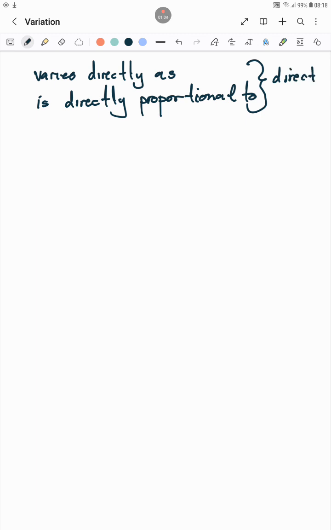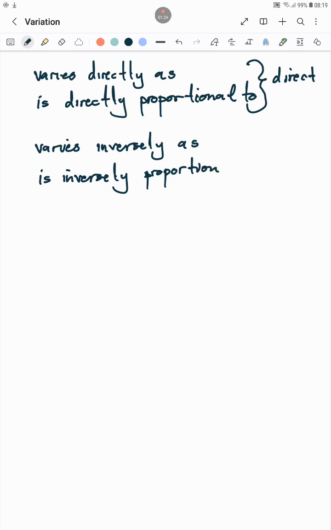and you also get phrases that say varies inversely as, and also is inversely proportional to, and these two you find under inverse variation.